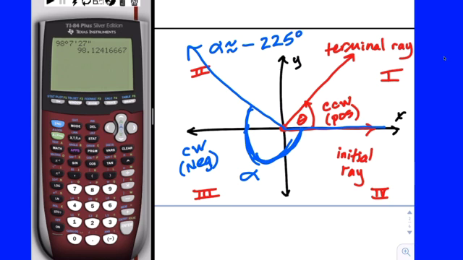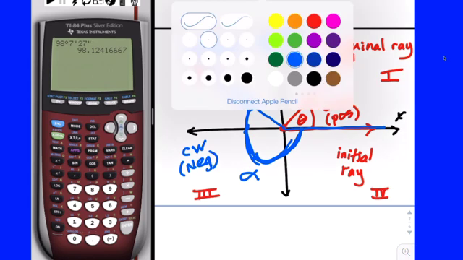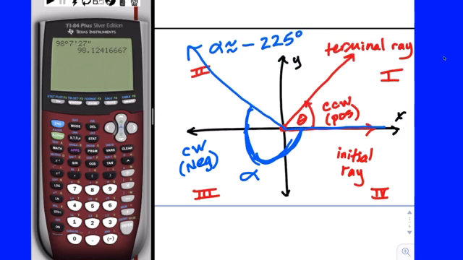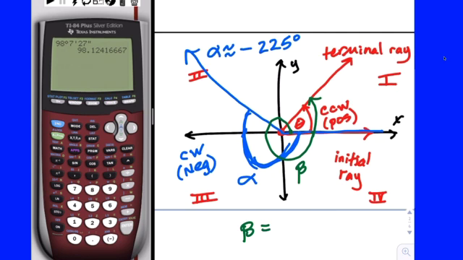Could we have an angle that's bigger than 360? Yeah, let's do that. Let's start on the initial ray, and let's rotate all the way around to 360, plus let's then go up to that terminal ray, which you could say is another 45. Let's call that one beta. Is that going to be a positive or a negative angle?